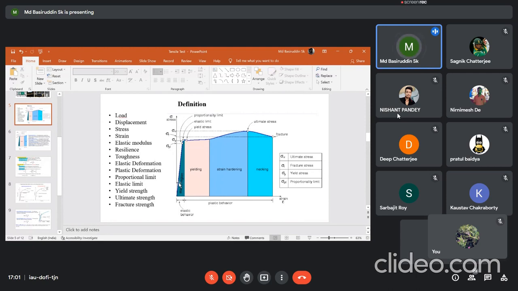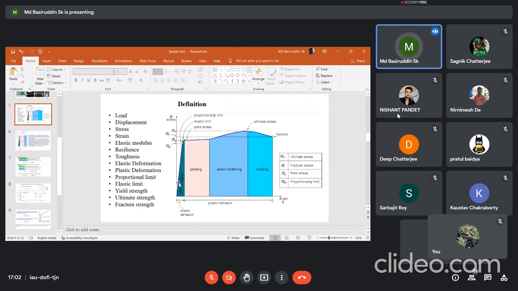That means you need to calculate the elastic strain, or the maximum allowable elastic strain, corresponding to the elastic stress, and that is why you need the Young's modulus of a material.